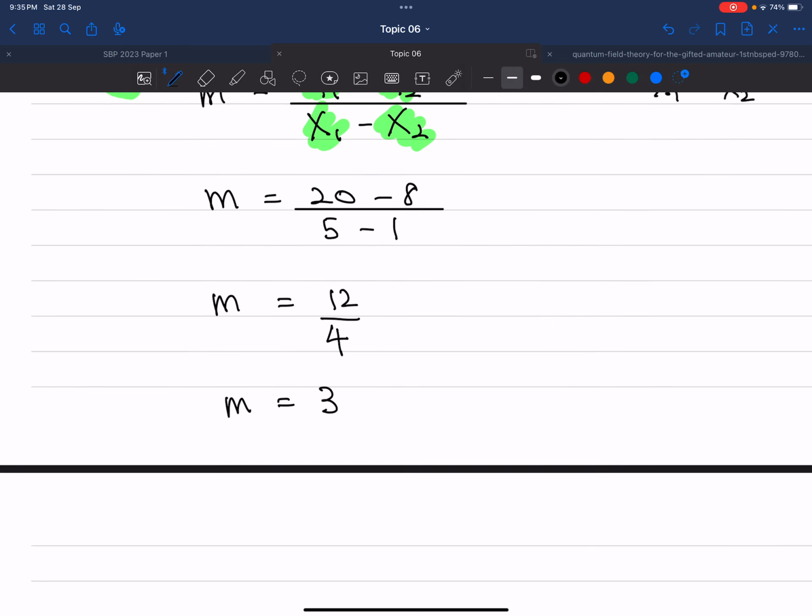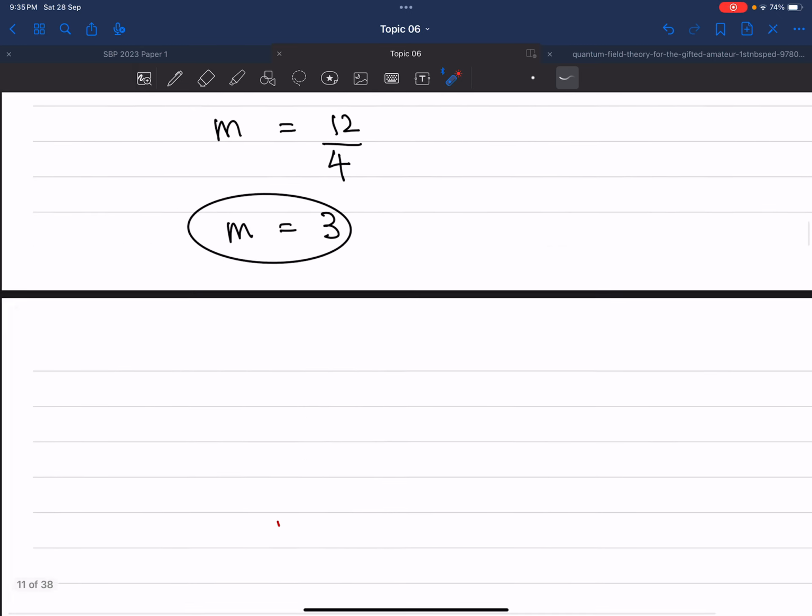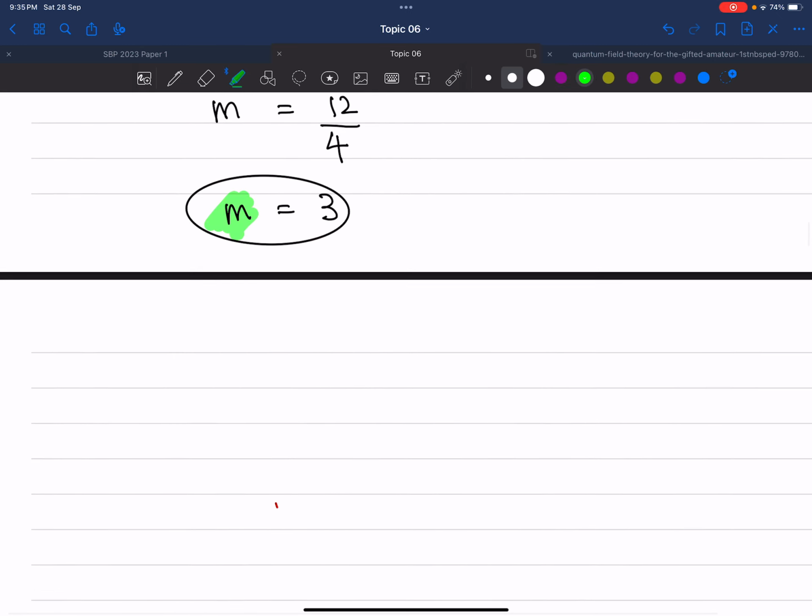The gradient M is pq, which is 3. We want to find p in terms of q, so we make p the subject: 3 over q, since q transfers to the right-hand side and becomes over q.